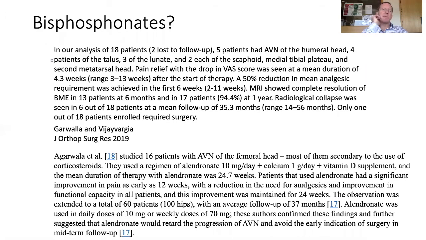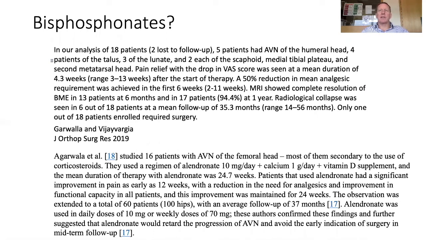In terms of treatment, bisphosphonate is a very wordy slide. You don't need to worry too much about the details, but this chap, Gangji, has done some research recently. Obviously, bisphosphonates have an inhibitory effect on osteoclasts. So the idea is, can we switch off the osteoclasts and give the osteoblasts a chance to catch up?